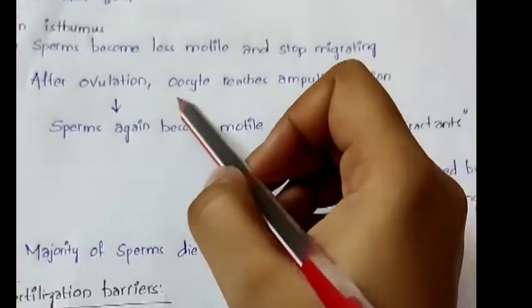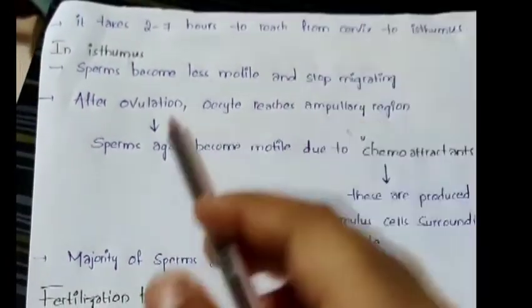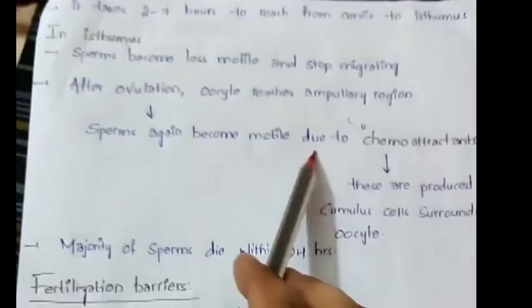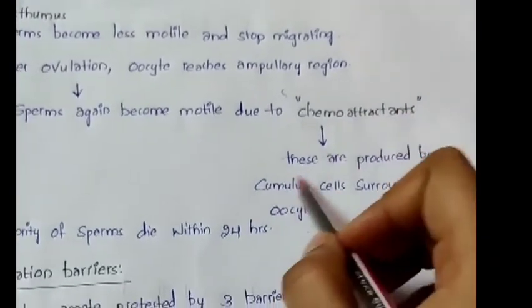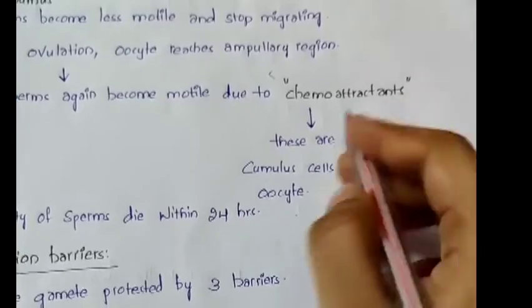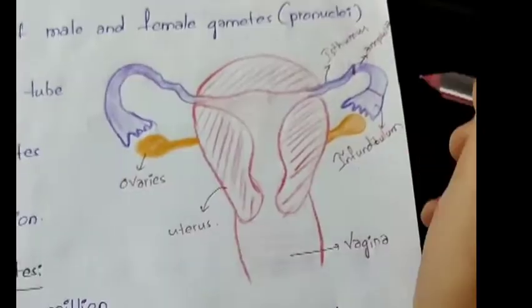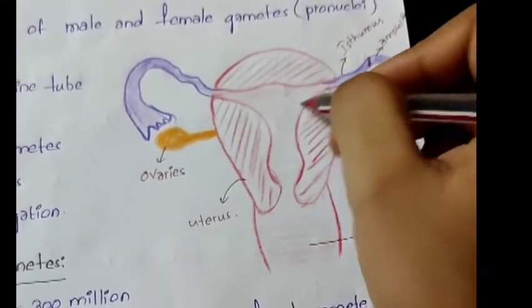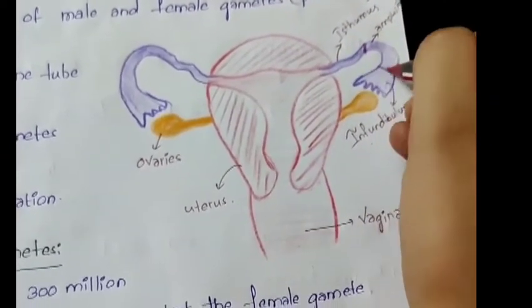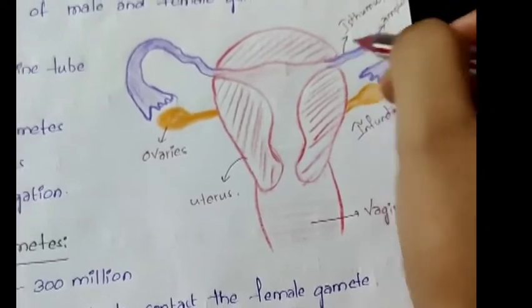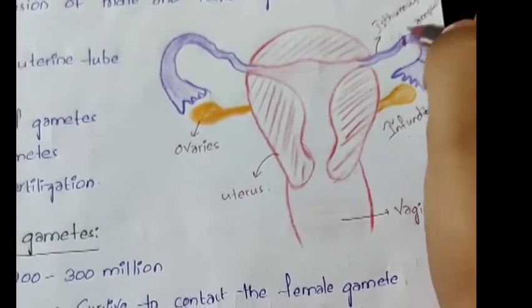After ovulation, the oocyte reaches the ampullary region. The sperms again become motile due to the chemoattractants. These are produced by the cumulus cells surrounding the oocyte. When the oocyte and the sperm reach the ampulla simultaneously, what happens?